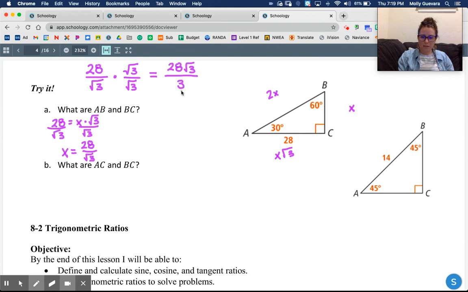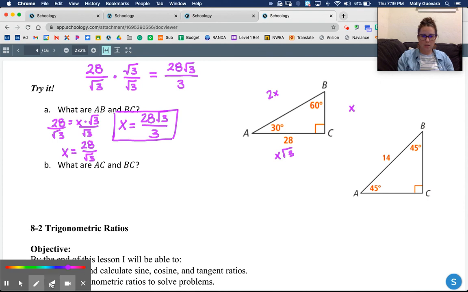That tells me, and this is a lot, right, that x is actually equal to 28 square root of 3 over 3, because I got rid of that square root on the bottom. So that's x. So I'm going to erase x, and I'm going to do my 28 square root of 3 over 3.